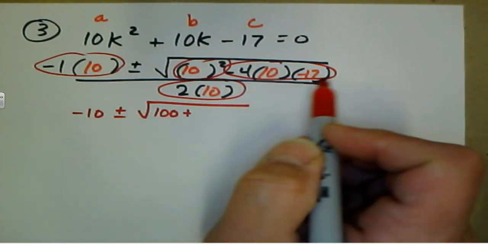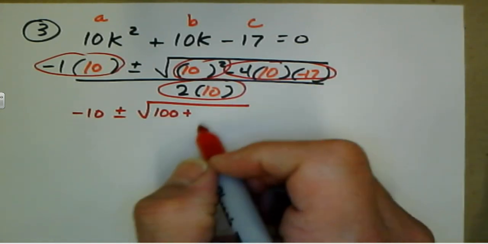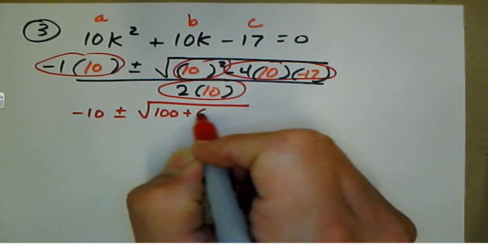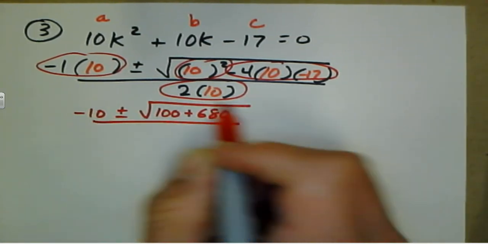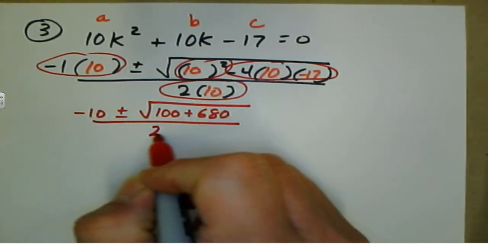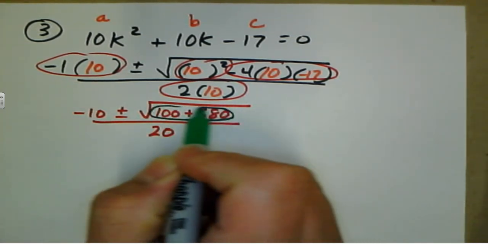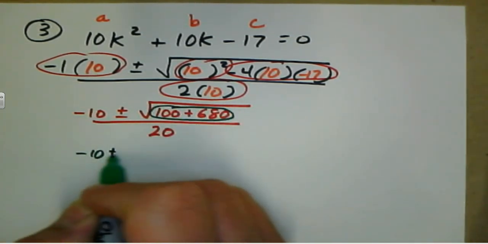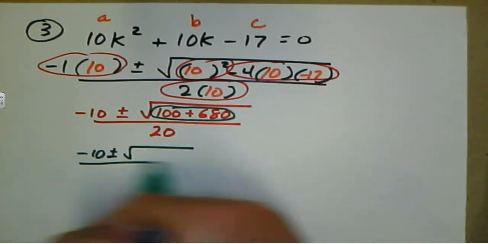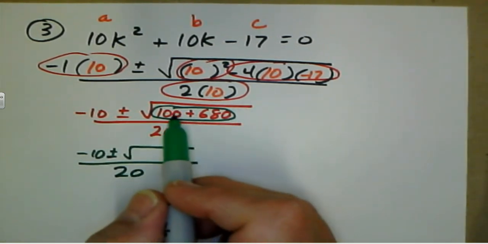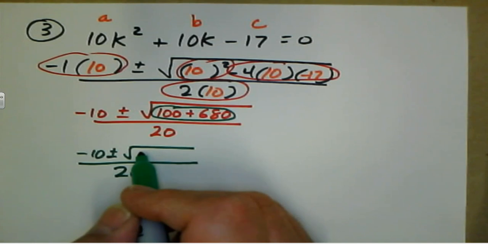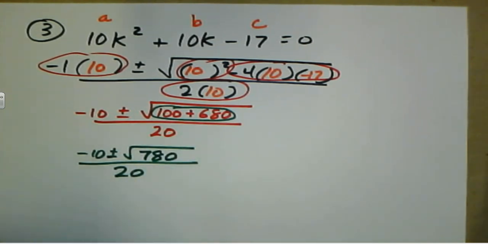I just did that in my head and then multiplied it. 680. 2 times 10 is 20. Do the inside. And 680 is 780.